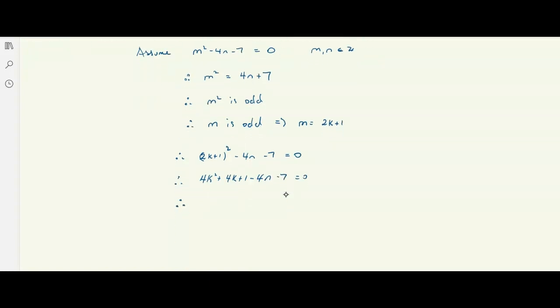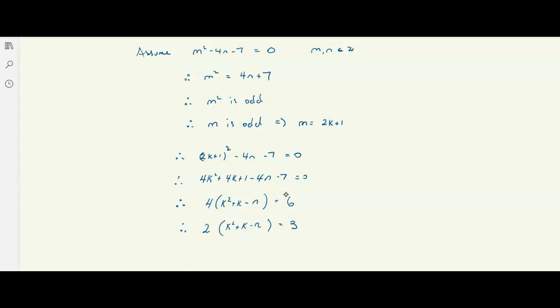What's going on with this? I can see 4 is common, so I might pull that out, 4 outside of k squared plus k minus n, and I'll get 6 over this side, so I'm going to divide through by 2 to get twice k squared plus k minus n is equal to 3.